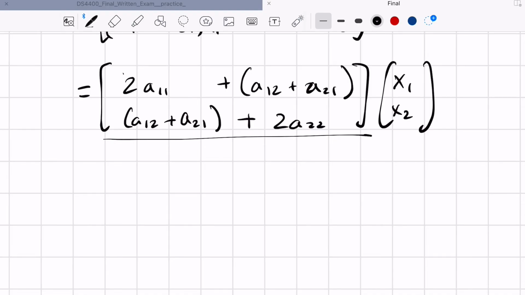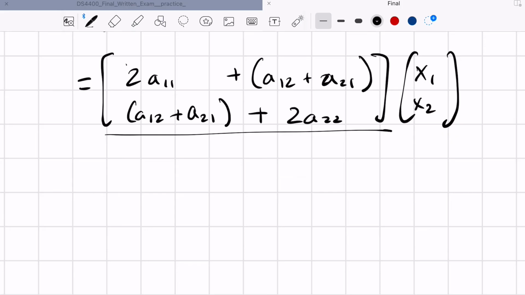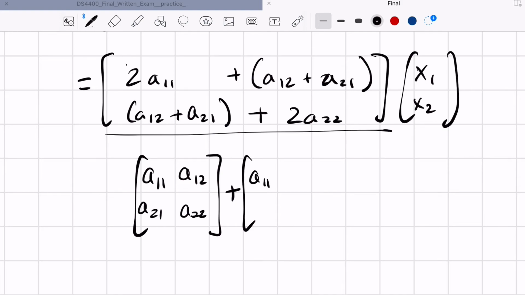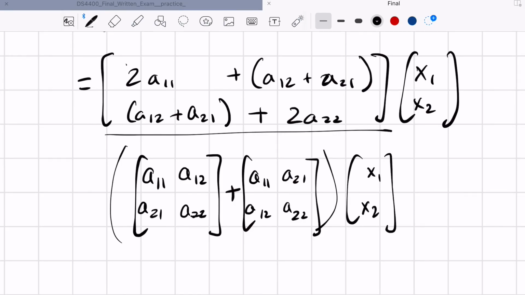If you think about the diagonals, we can simplify this out to a11, a12, a21, a22, plus a11, a22, and we just need to transpose these, so a12, a21, times x1, x2.